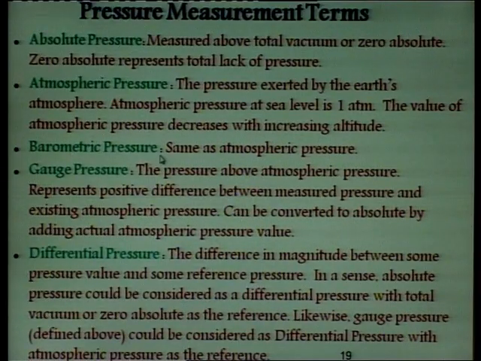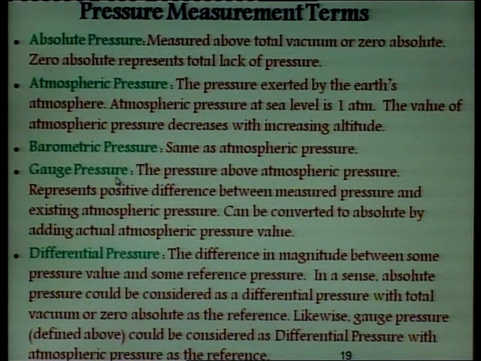Third one is barometric pressure. It is same as atmospheric pressure, because most of the time we are using mercury for the pressure measurement. Any instrument which measures pressure is called barometer. So, barometer is the term because of bar, unit of pressure.